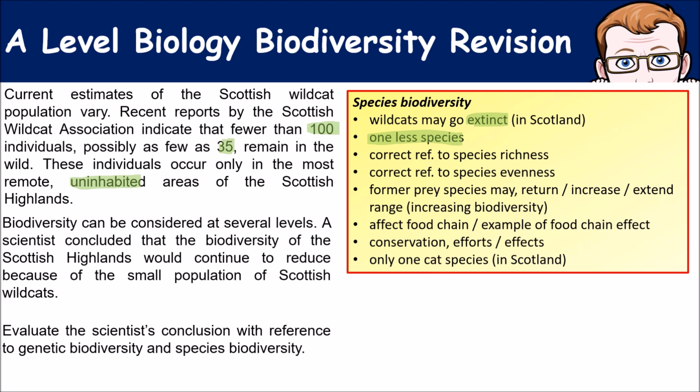If you're lowering the amount of species, you're lowering species richness, or species evenness. The population of prey, in that case, might increase, which would have a knock-on effect on the food chains. So therefore, conservation efforts are quite important. Right, so those are all the reasons when we're looking at species biodiversity.